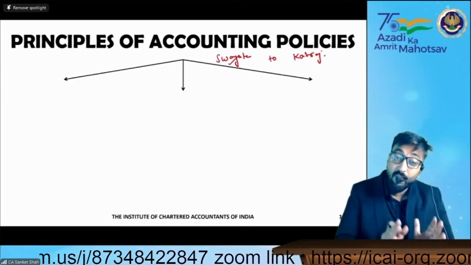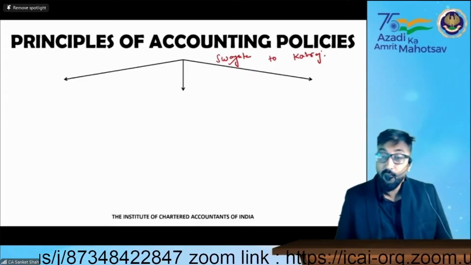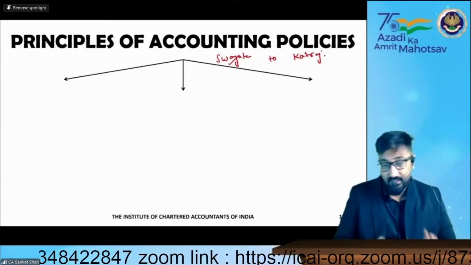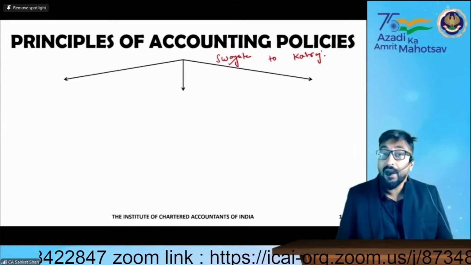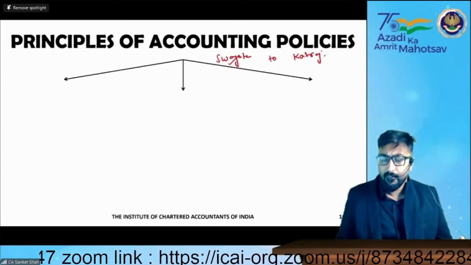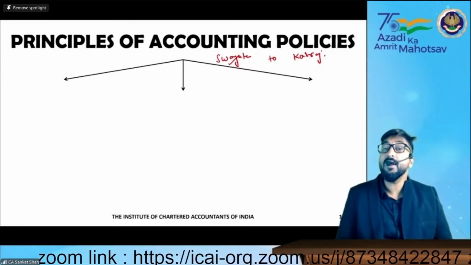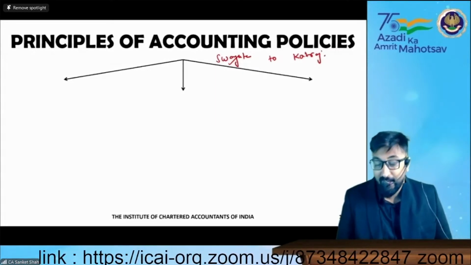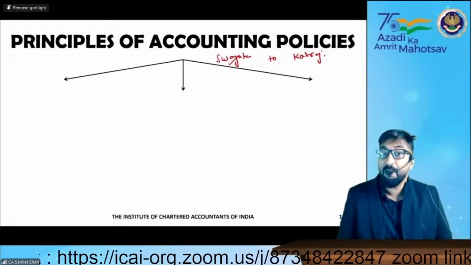Similarly, in accounting policies also, we have different options. The Institute has given you a choice. The Institute is not telling you to adopt this principle; it is your choice. And whenever there is confusion, it's like a marriage proposal in an arranged marriage. It is very difficult, no?